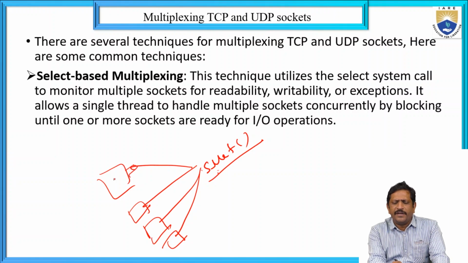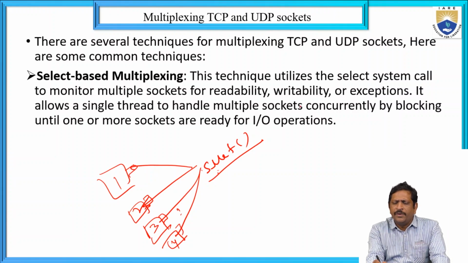If it is device 1, we can arrange one socket, device 2 another socket, device 3 another socket, device 4 another socket. Multiple sockets can be monitored for readability, writability operations, and exceptional operations.